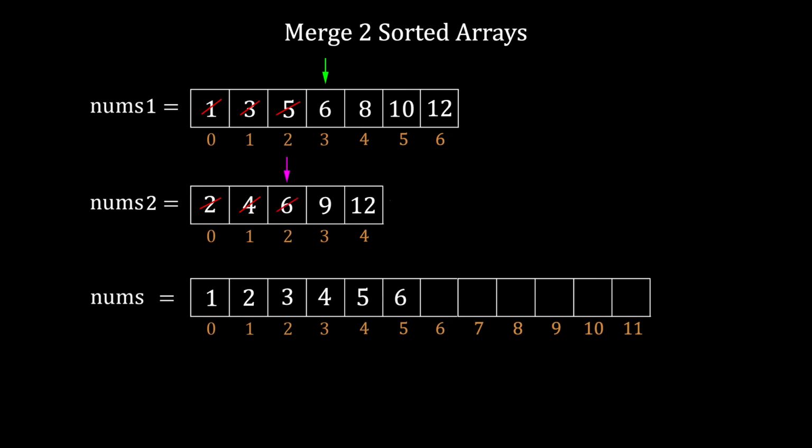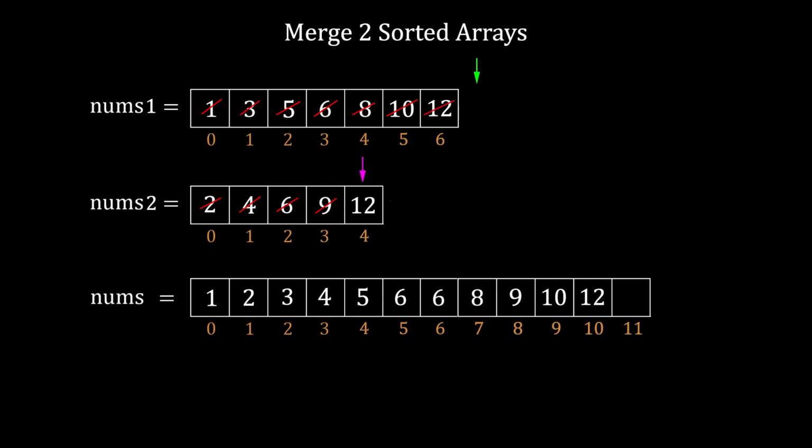So let's choose the one from nums2 and increment the purple pointer. 6 is less than 9, so now we will use the 6 from nums1 and increment the green pointer. 8 is the next element, increment the green pointer. 9 is less than 10, increment the purple pointer. 10 is less than 12, so the next element is 10 and we increment the green pointer. 12 equals 12, so it doesn't really matter. Let's say we pick nums1 of 6, so the next element is 12 and we increment the green pointer.